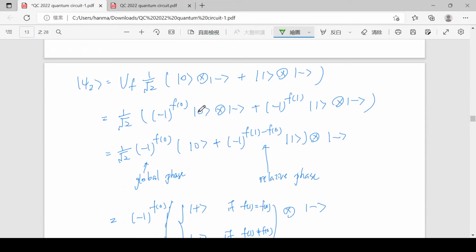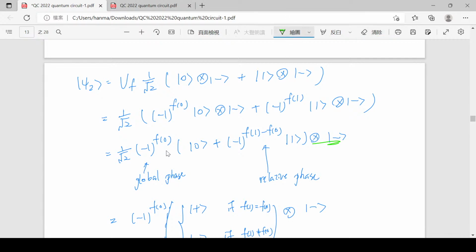Then we just do some math manipulation. We can take out a global phase. Firstly, let's take out the tensor minus because everything is tensor minus, and write it down here.